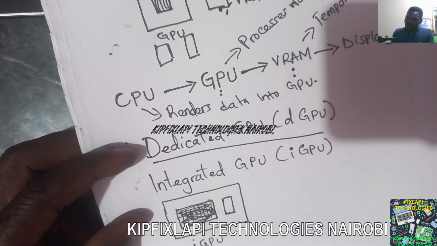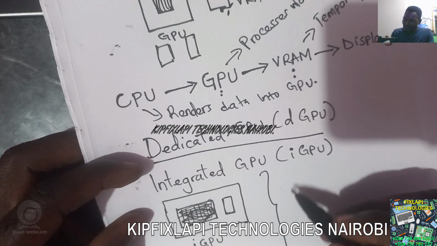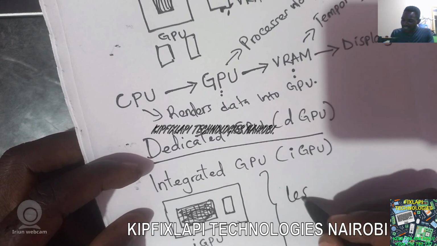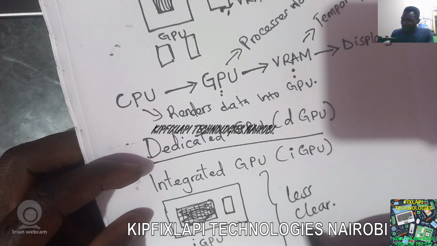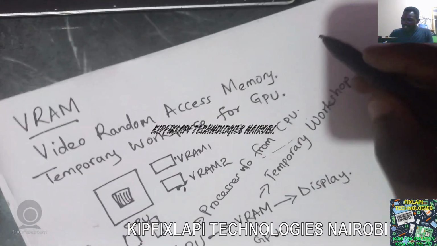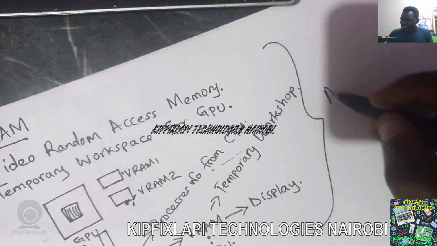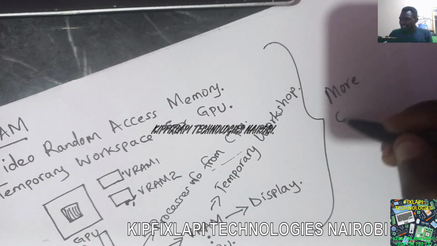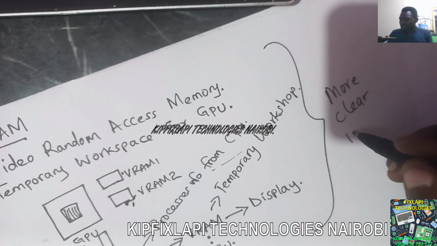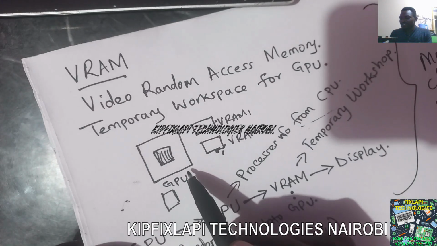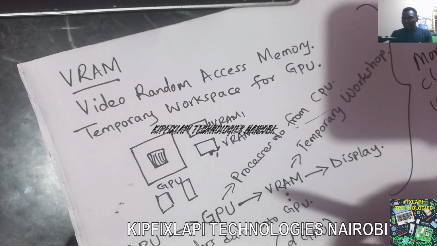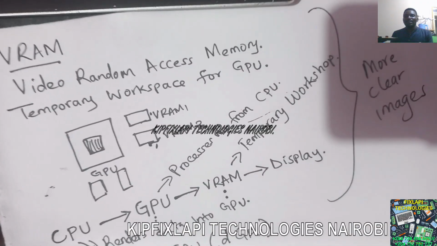You cannot compare the imaging of this one, which is less clear because it is an integrated GPU. This one, you will have more clear images because this GPU is specifically dedicated for enhancing the clarity of images.